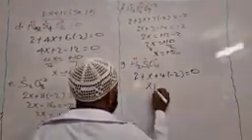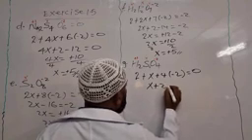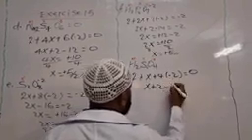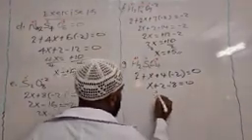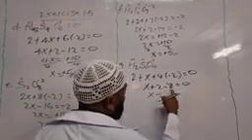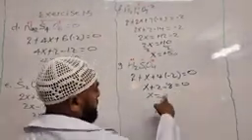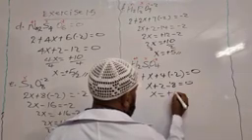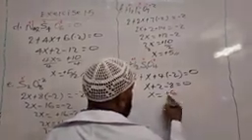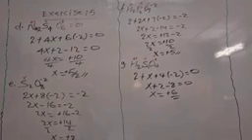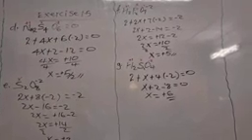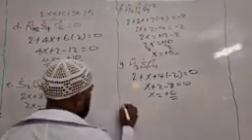Now x plus 2 minus 8 is equal to 0. Then x equals 2 minus 8, which means -6, and -6 becomes +6 when coming out of the equal sign. Therefore, the oxidation state of sulfur in sulfuric acid is +6.